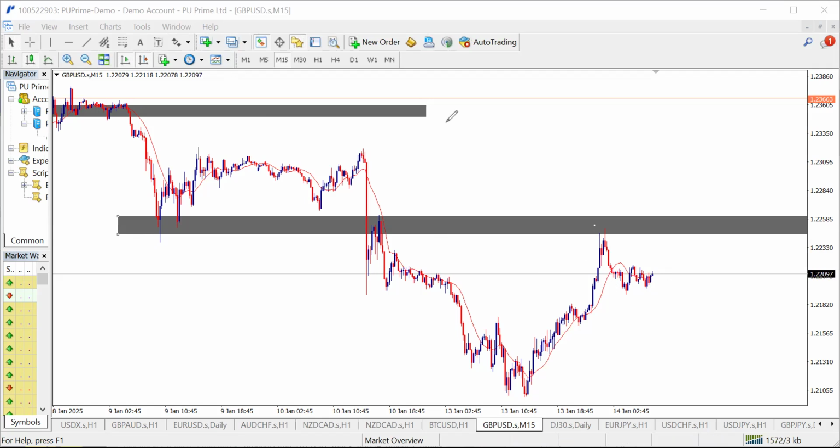But from GBP USD, I'll be expecting a sell because we retested this level. Unless we break above this area of support and resistance, that is when I'll choose to go in for a buy.